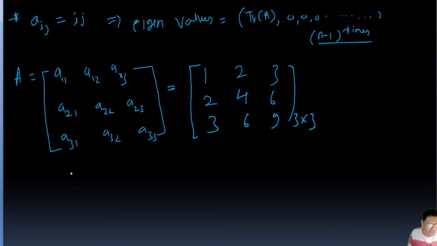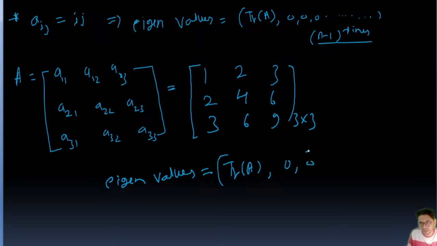So the eigenvalues are going to be trace A comma 0 comma 0, because it is a 3 cross 3 matrix.